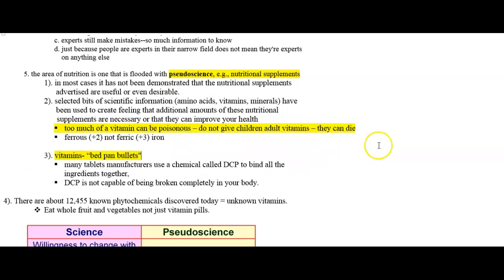You can imagine why. Here's just an example of a type of glue. They may have such a good glue that they stay glued together and come out of your body intact, the same as when they went in. So vitamins are bedpan bullets, and porta potties have a lot of intact vitamins in them as well.